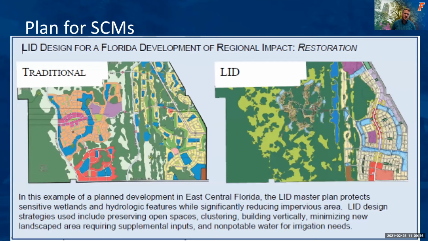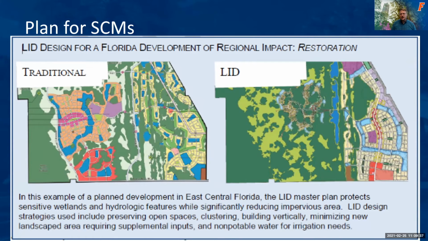Then planning for SCMs. A lot of this comes into looking at how we integrate these types of practices into the overall design of the development. This is an example where on the left was the traditional design for this larger development.